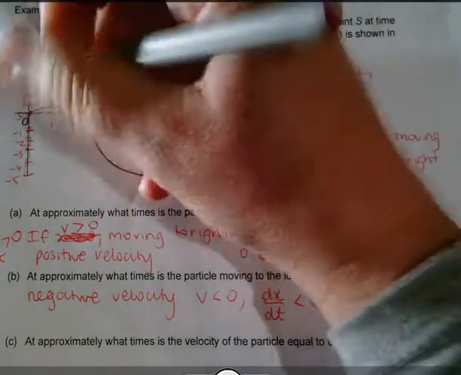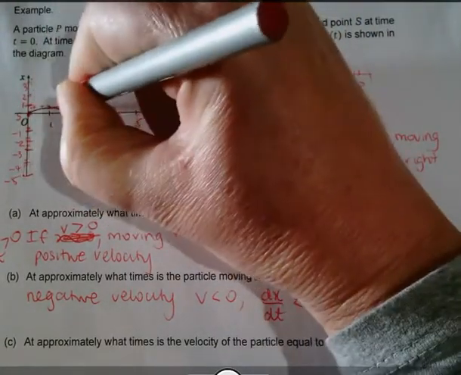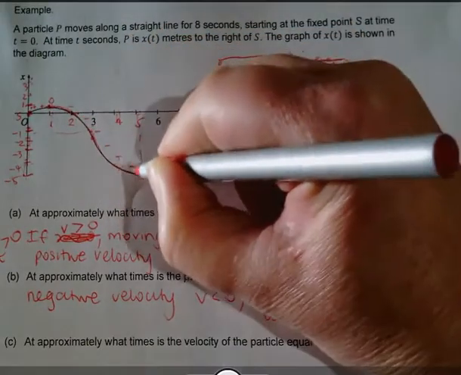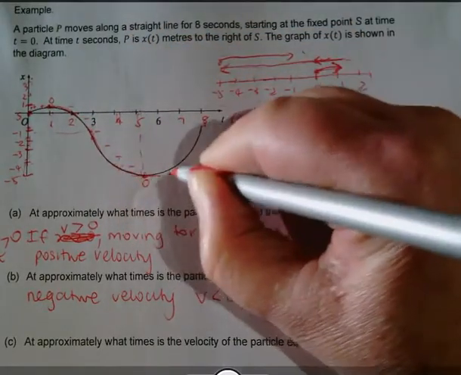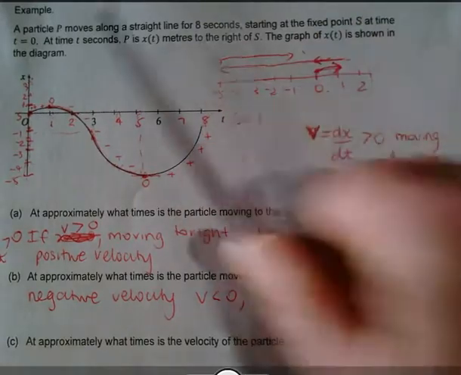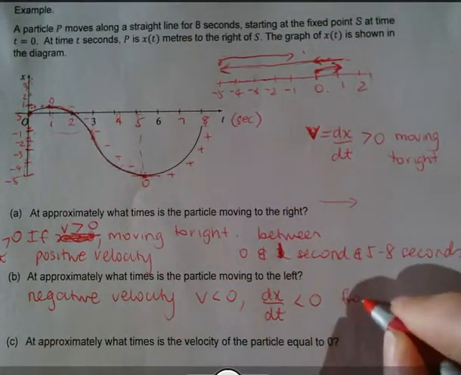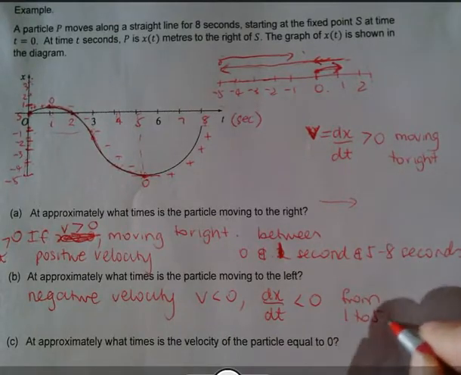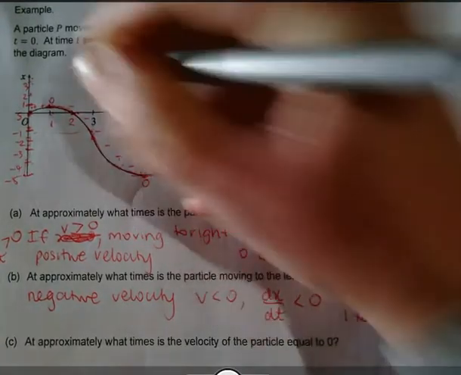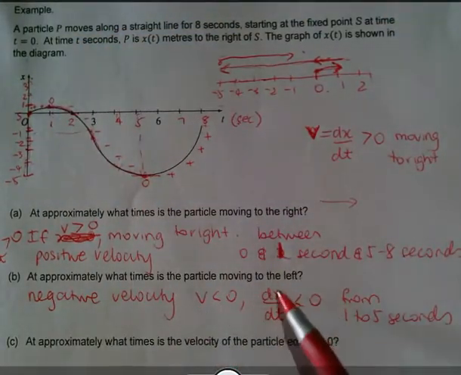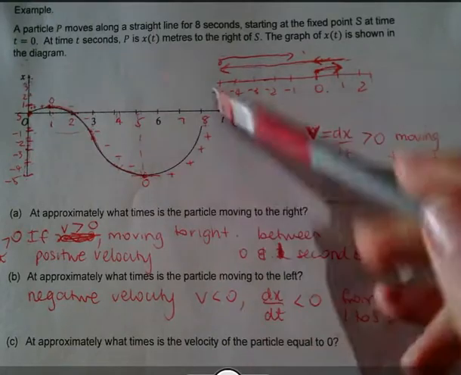I'm going to put little pluses and negatives: plus, this looks like 0, then I've got all these negative gradients, then a 0 gradient down here, and then positive gradients. So where the gradient is negative, you're traveling to the left, and that is from 1 to 5 seconds. Remember, velocity is the gradient of the x displacement versus time curve. So I've got negative velocity from 1 to 5 seconds.